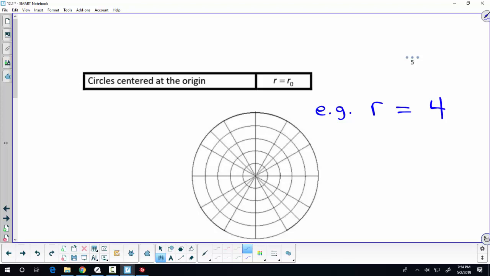Circle of radius 4, yeah, centered at the origin. So circles centered at the origin have a very simple equation.